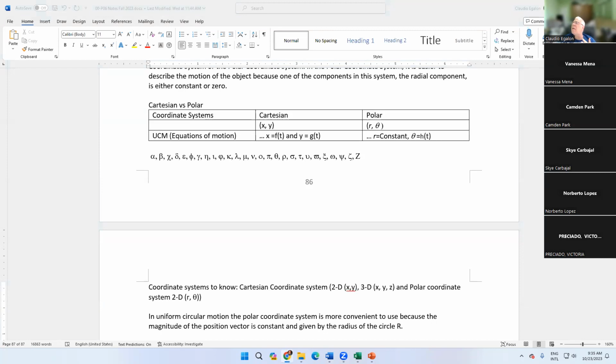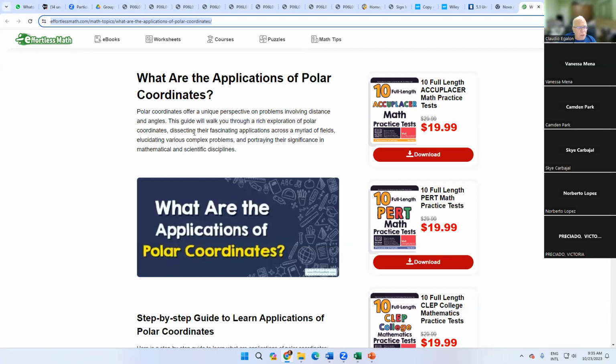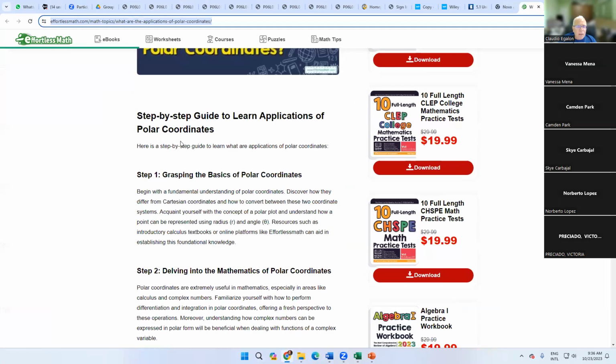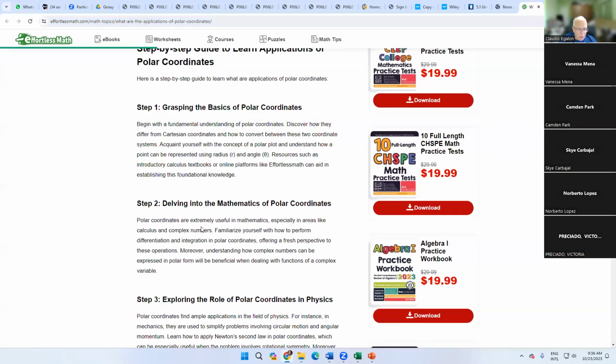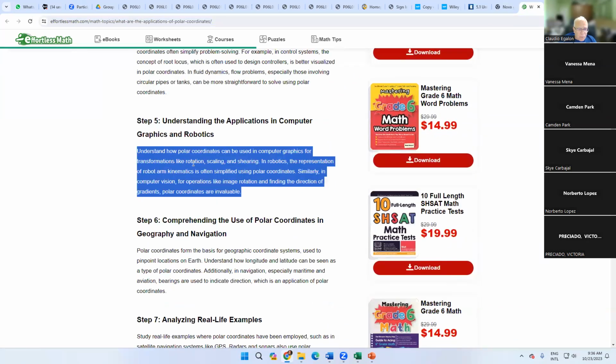Most likely, he meant the spherical coordinate system. I just Googled it because I was wondering how you use this in real life. I don't think they use the polar coordinate system for GPS. I think they use the spherical coordinate system. Where do you see that for GPS?